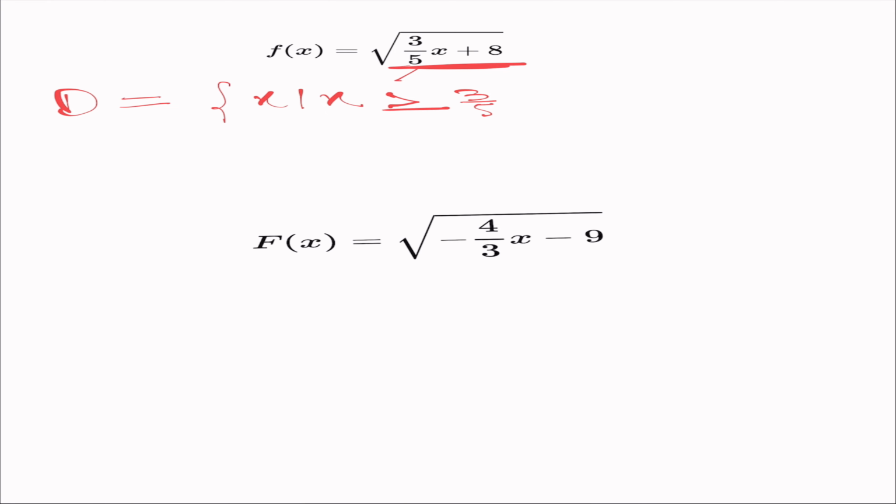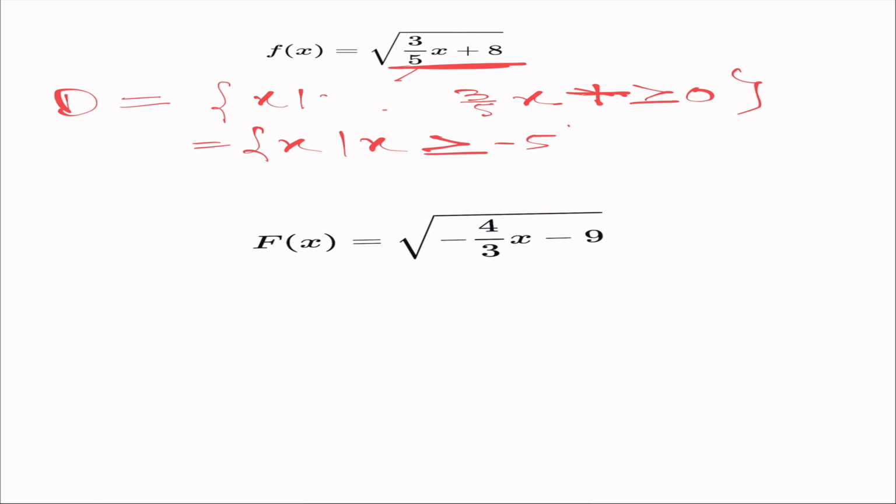Sorry, let me just write it down. 3/5x plus 3 has to be more than 0, right? So that we don't get a negative number. If we calculate this one, we get x is more than -5. That is our domain. And the range is always the same. Y is always more than 0.